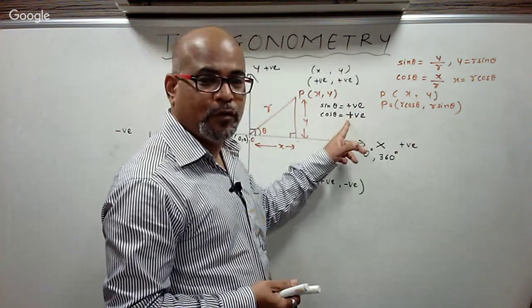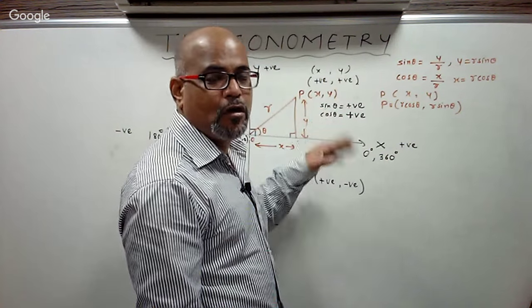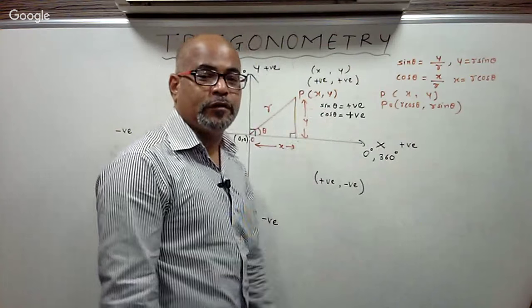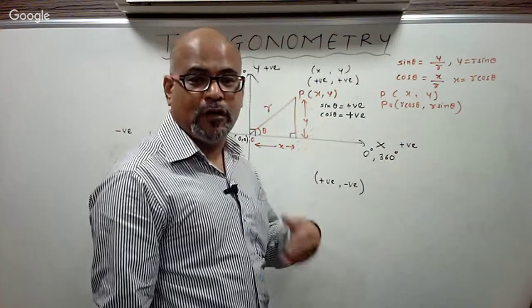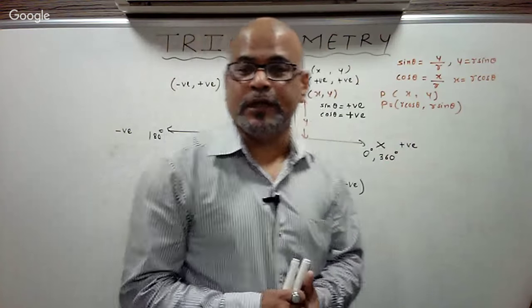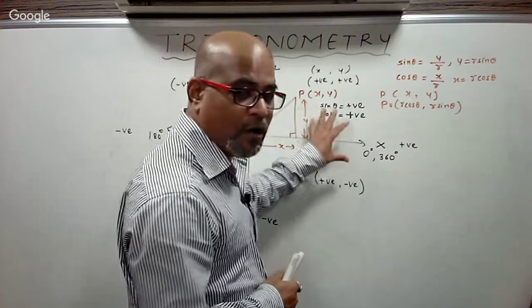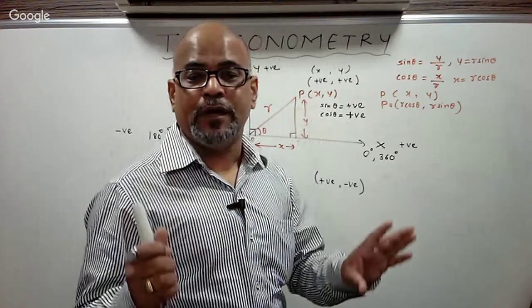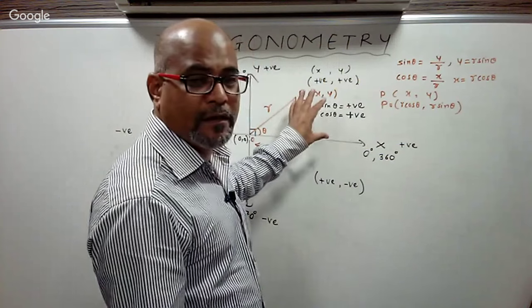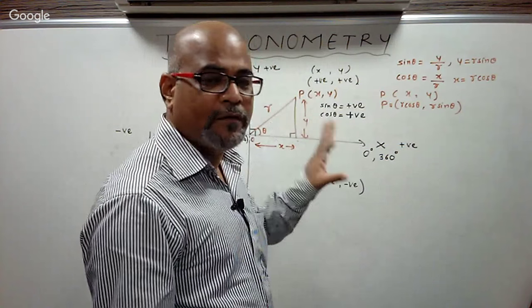Sine positive, cos positive, tan positive. Cosec theta is the reciprocal of sine theta. Sine is positive, therefore cosec also positive. Sec theta is the reciprocal of cos theta. Cos positive, that means sec also positive. Then cot theta: tan is positive here, therefore cot also positive. Therefore in the first quadrant all trigonometric ratio values are positive. That means for any angle between 0 to 90, all the trigonometric ratios are always positive.